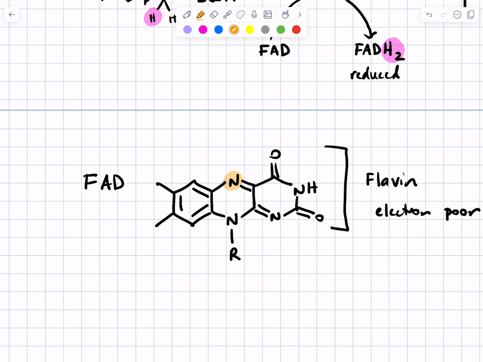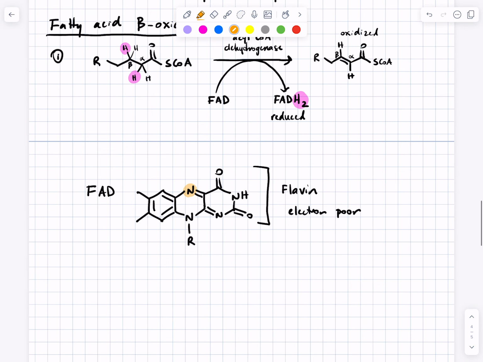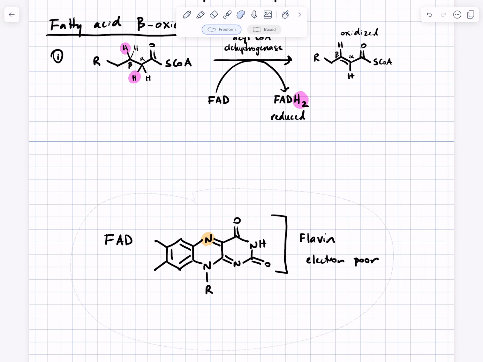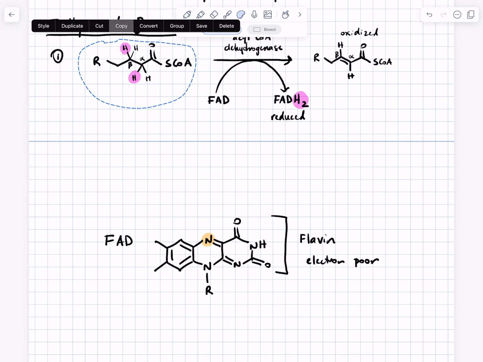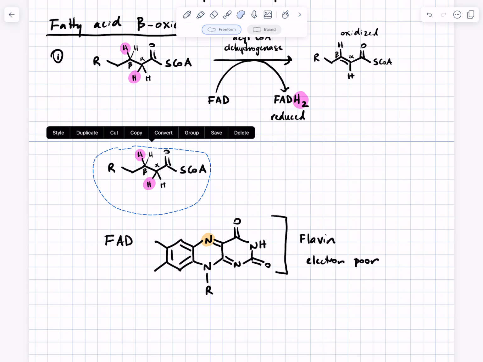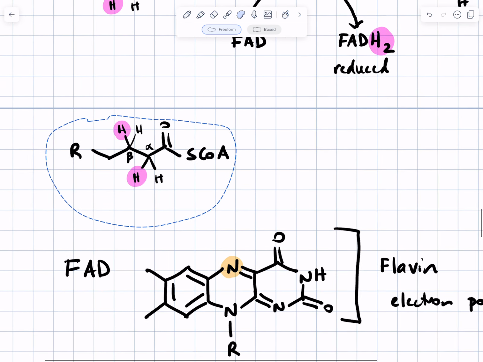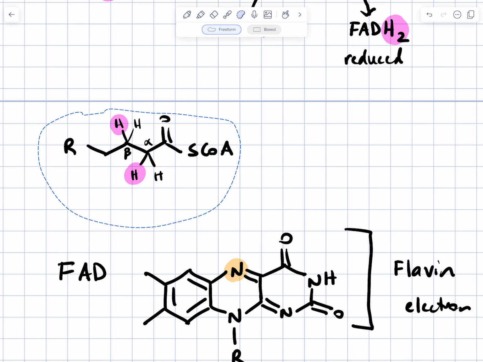What happens in this oxidation reaction is exactly what you would expect. I'm going to copy the structure of the acyl-CoA. Before H- can get kicked off this molecule, we need to remove a proton.